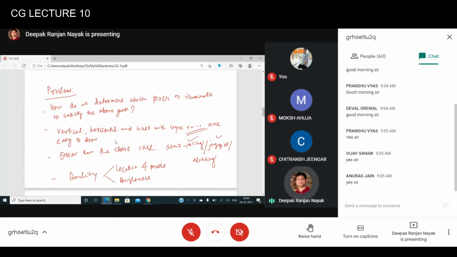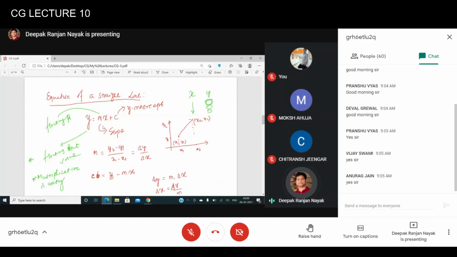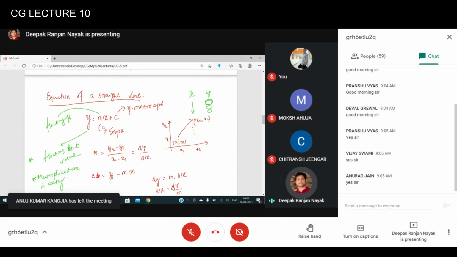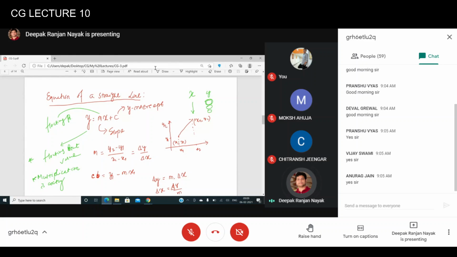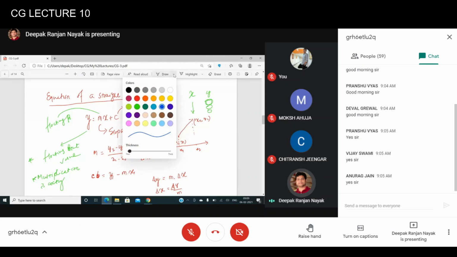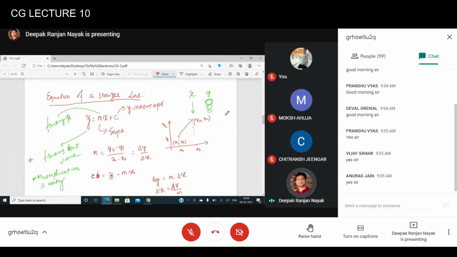So the quality of the lines always depends upon two things also. We have then discussed the equation of a straight line, which you already know from your school mathematics, right? y is equal to mx plus c, with slope and intercept. Then we discussed that if two points are given to us, how will you calculate the slope?